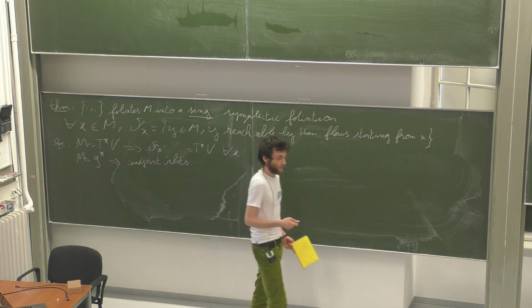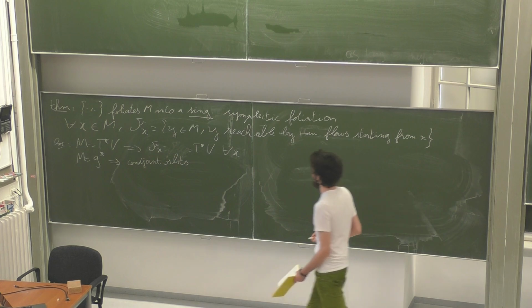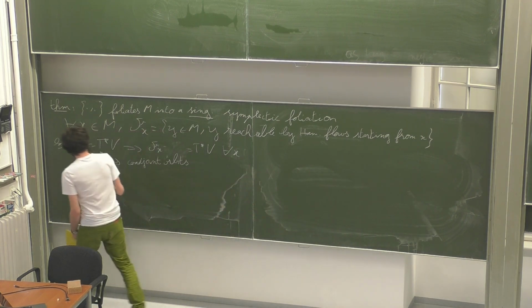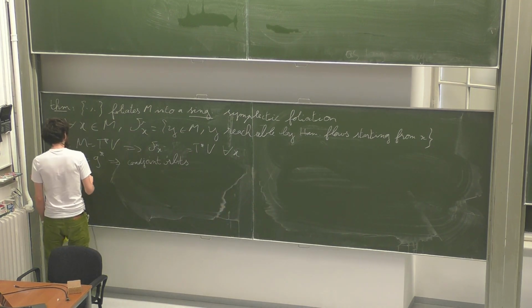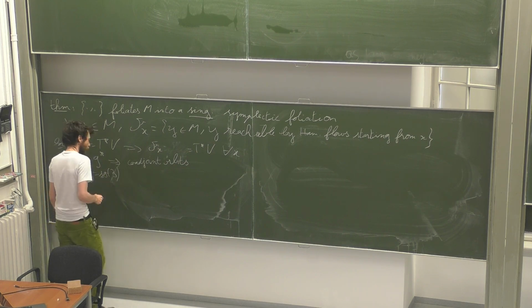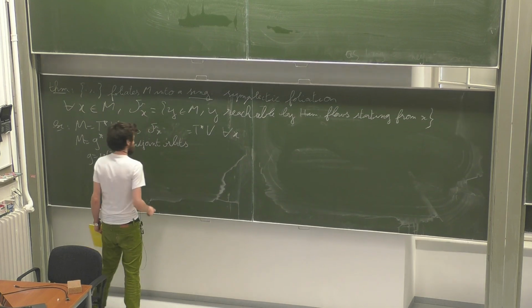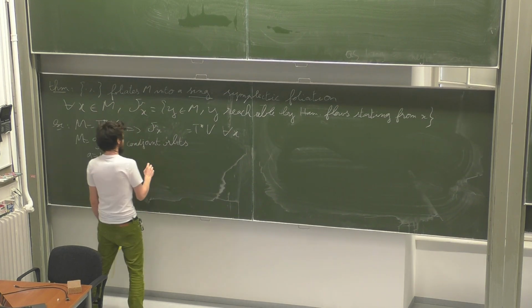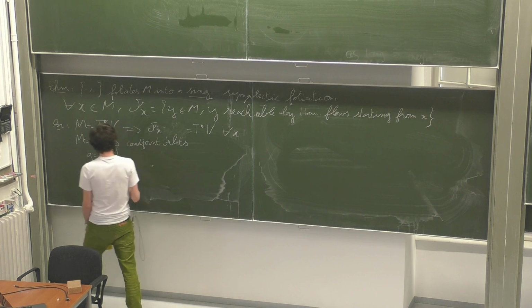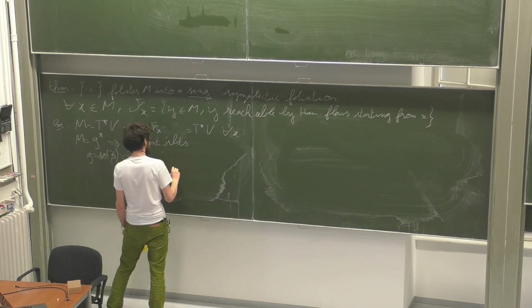So let me start again with the example of spheres of Anton. Take so(3), you get that the leaves are spheres, right? If you identify so(3) with R^3.